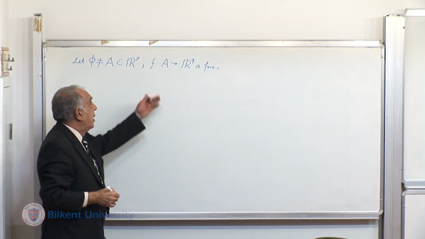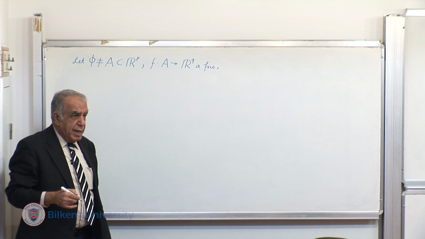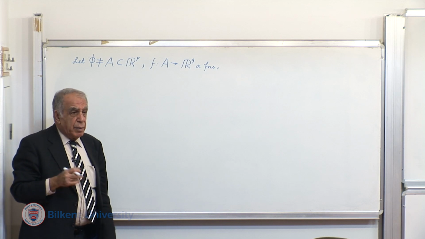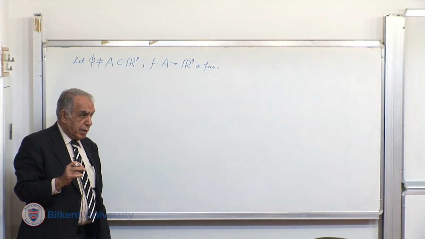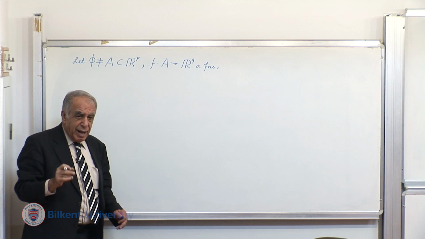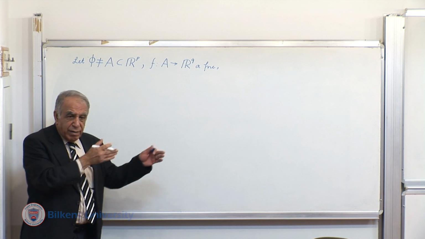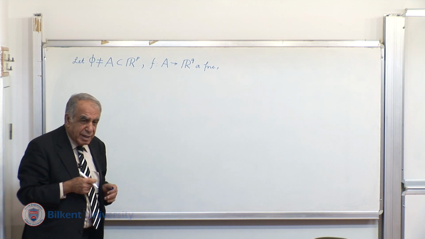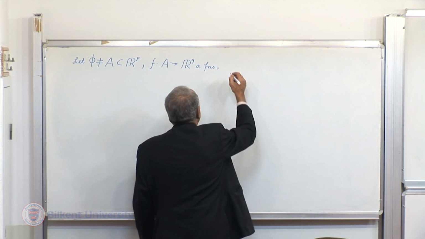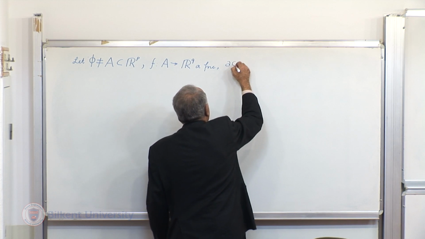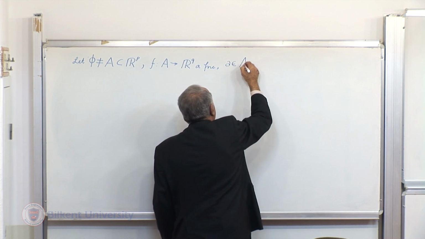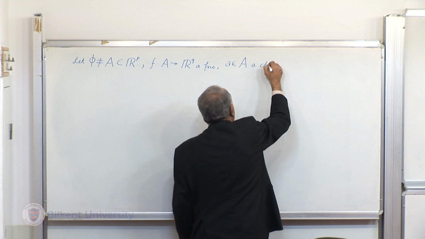And then we take some point in A, but we do not wish that to be an isolated point, as we will be taking various limits as x tends to A. If it's an isolated point, then that does not make sense. So A is a cluster point of the set.